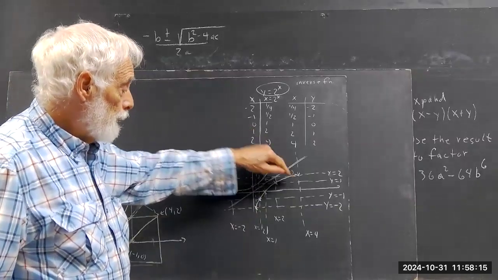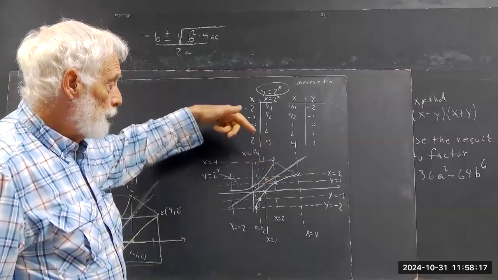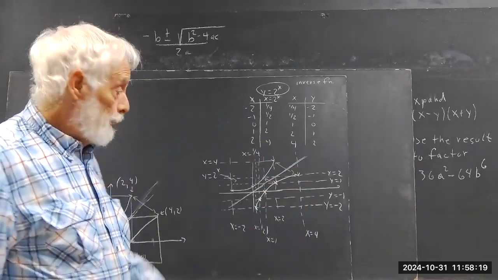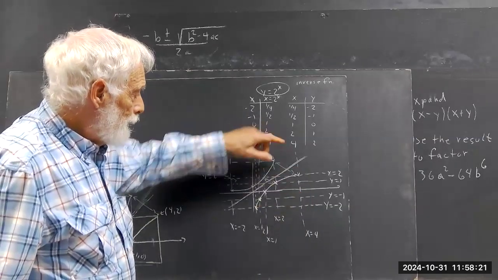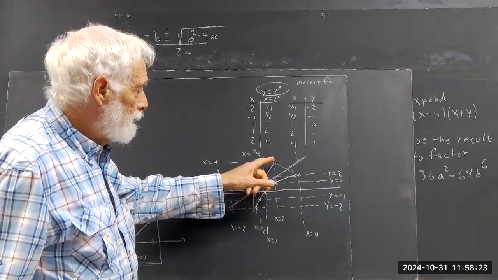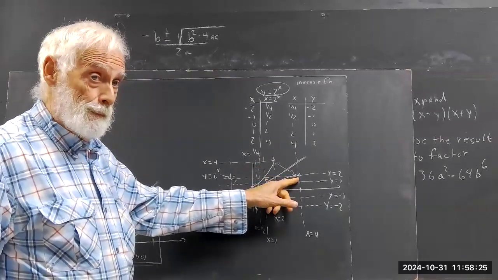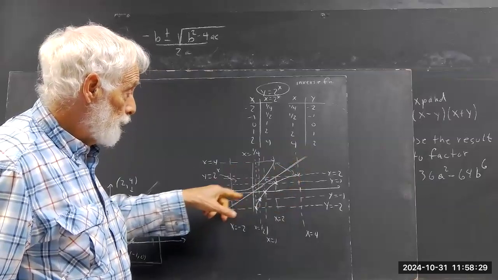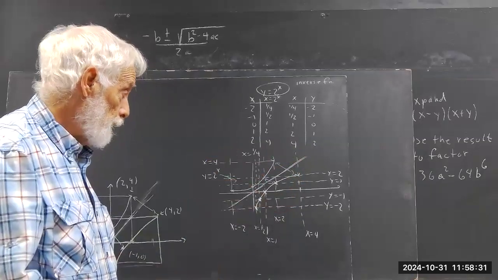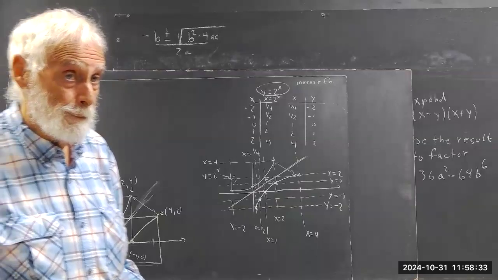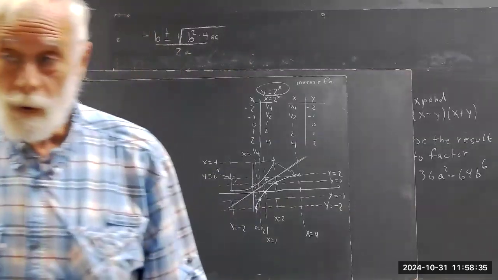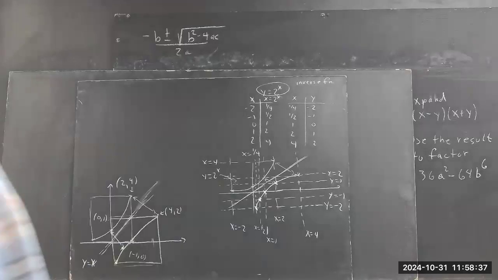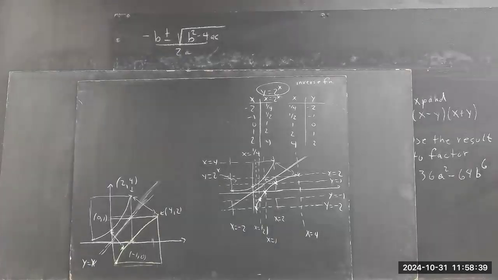And a line connecting any 2 of these corresponding points will make a right angle with that line. And that line will cut this line in half. In other words, this will be as far on one side of the y equals x line as this is on the other. And your text will show you a good picture of that. Okay. Apparently I'm not capable of doing a good picture this morning, but you get the idea.